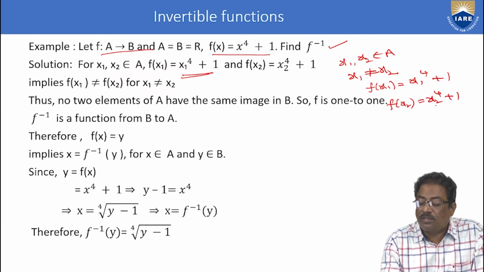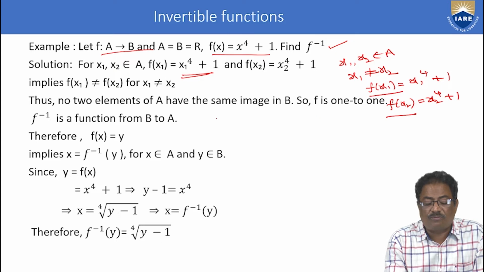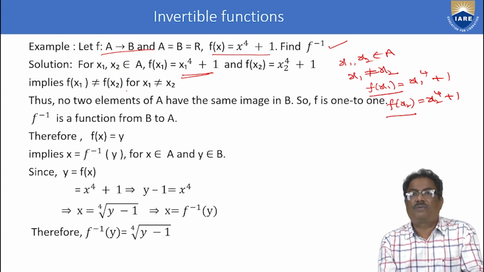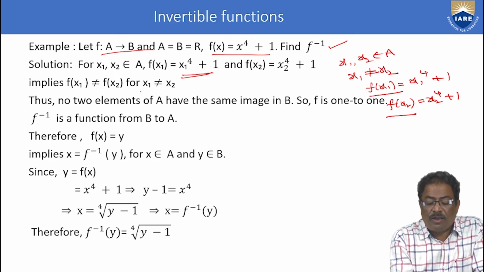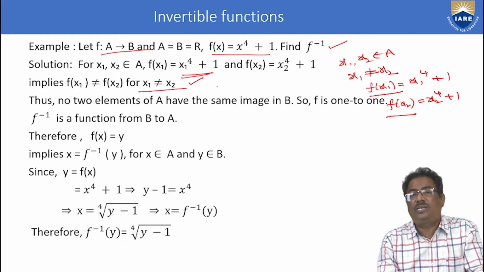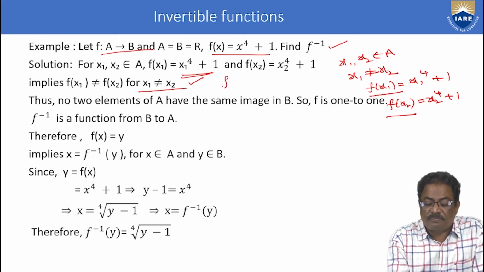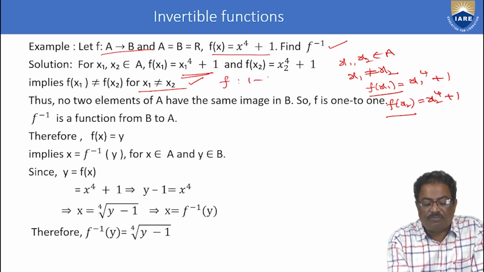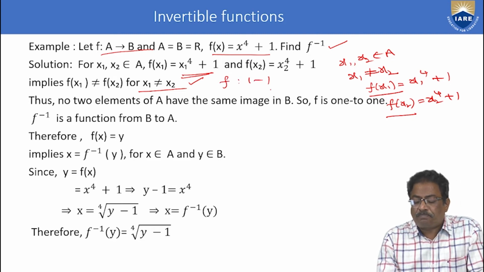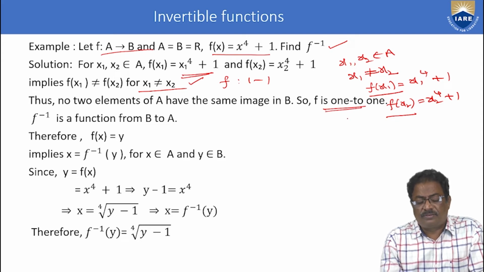Since x1 and x2 are not equal, obviously f of x1 is not equal to f of x2. So we can say that f is one-one.